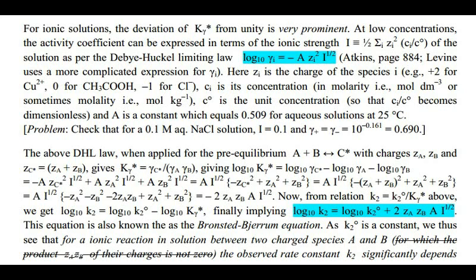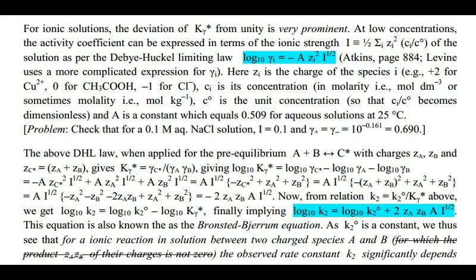between two ions A and B with charges ZA and ZB will be influenced in this way: the log of the observed rate constant, in a situation where the concentrations of those ions and other unreactive, uninvolved ions are in the solution.